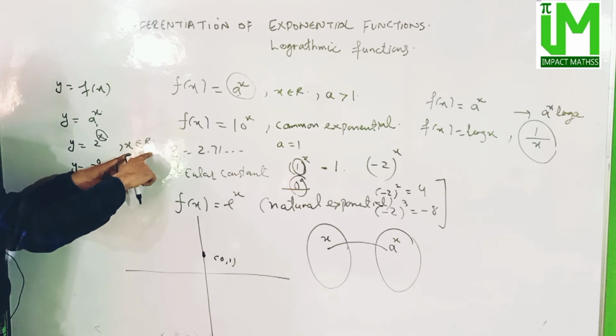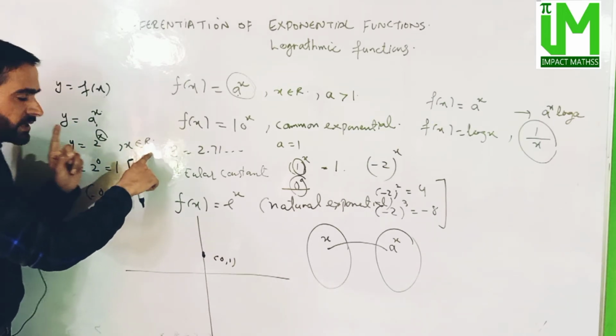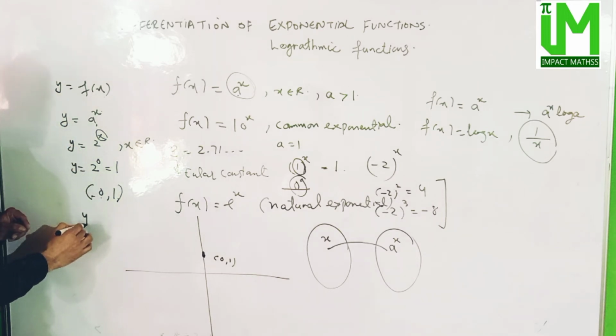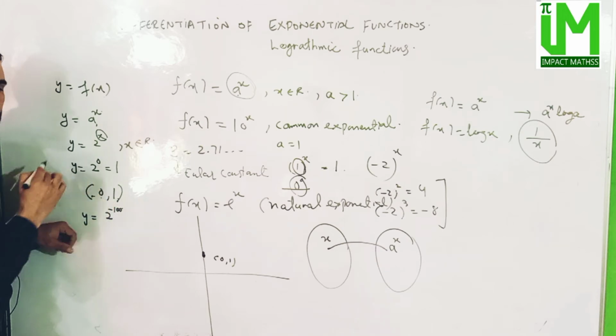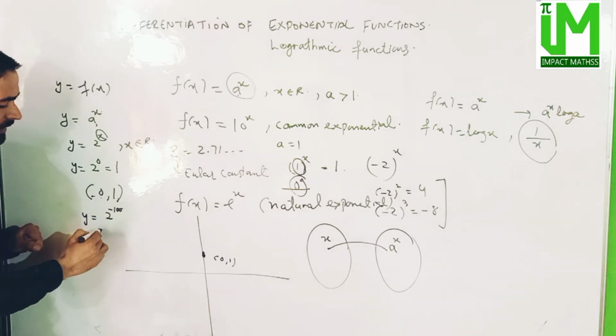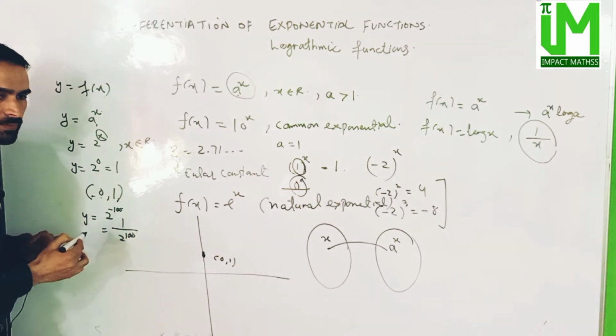Since x belongs to R, x is any real number, negative value दें. अगर negative value लें, say y is equal to 2 raised to power, suppose minus 100. What will be that? It will be 1 divided by 2 raised to power 100.